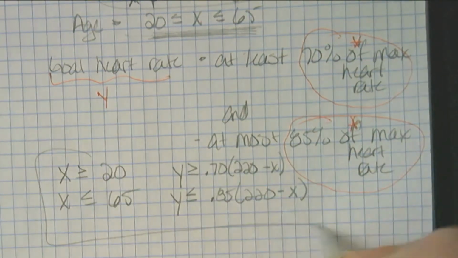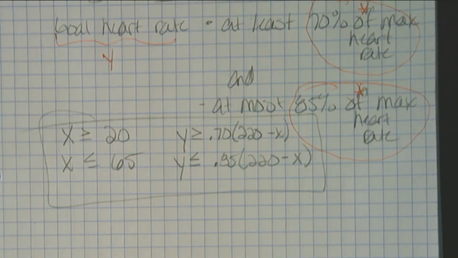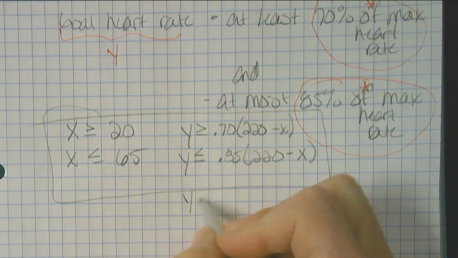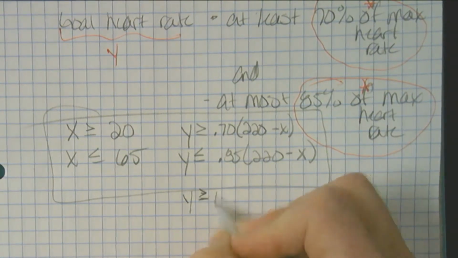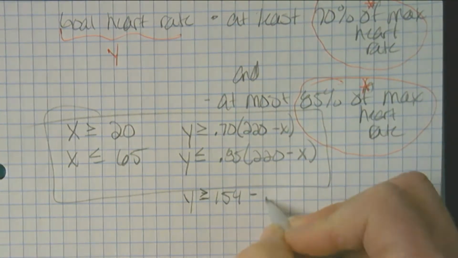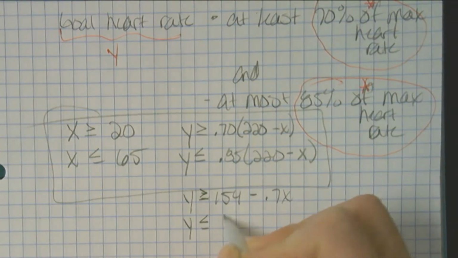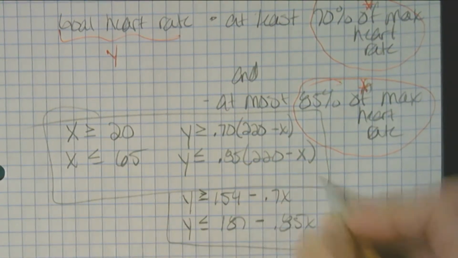So here are my inequalities. If I multiply that out, I end up with y is greater than or equal to 154 minus 0.7x, and y is less than or equal to 187 minus 0.85x. Those are the ones that we would use to graph.